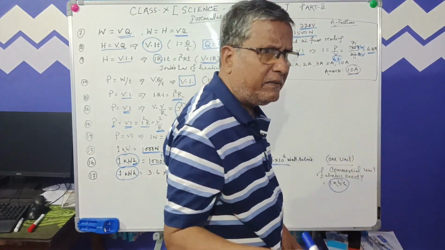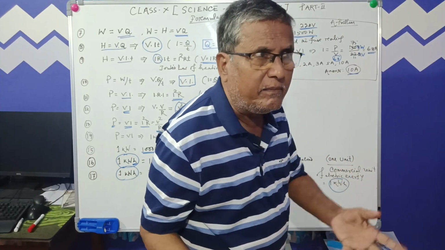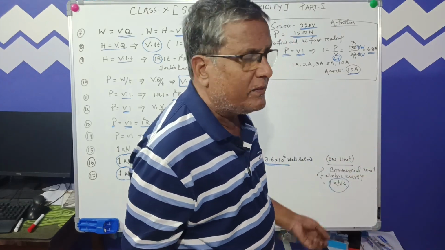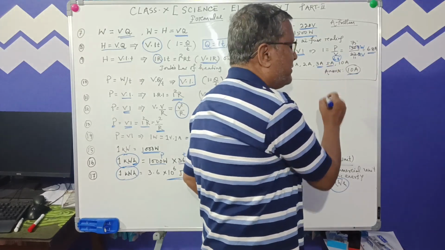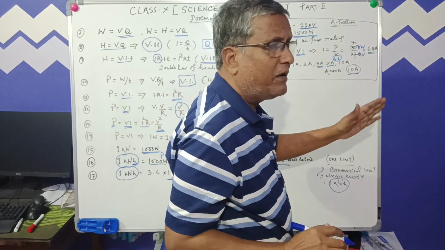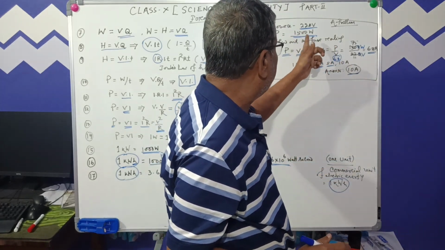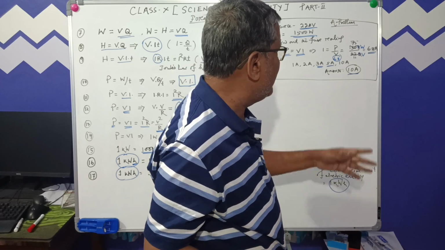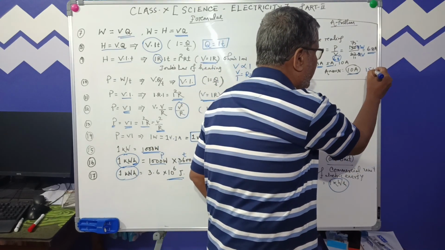You might have seen, in case of your fan or electric bulb, only 5 ampere or 3 ampere fuse wires are used. But in case of an electric heater or geyser of rating 1500 or more, it is 10 ampere.